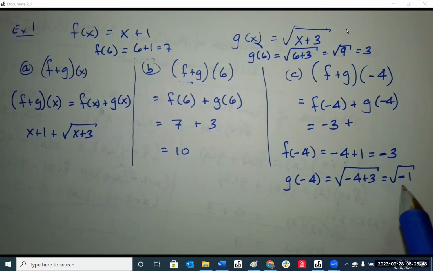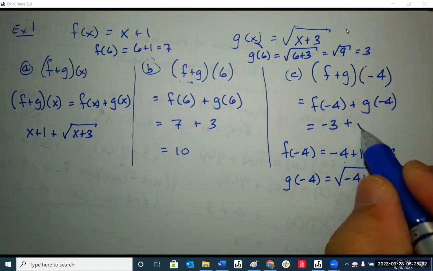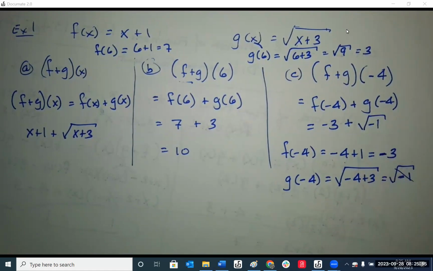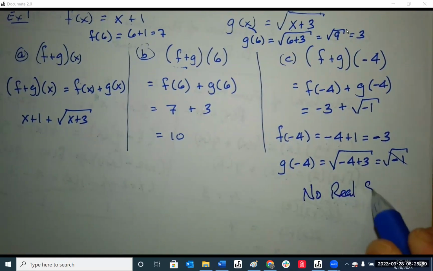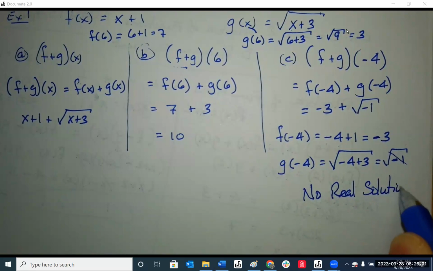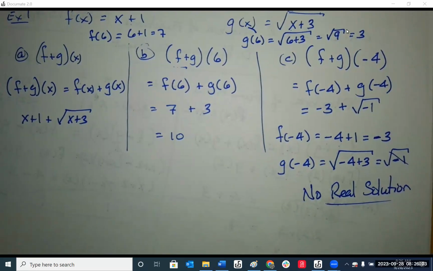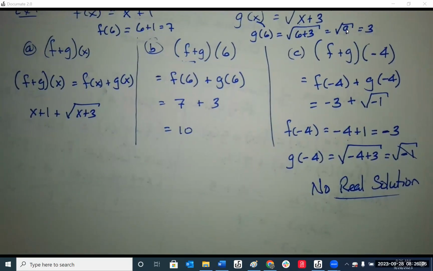So this one means that you have no real solution. How are you supposed to know that this doesn't have an answer?